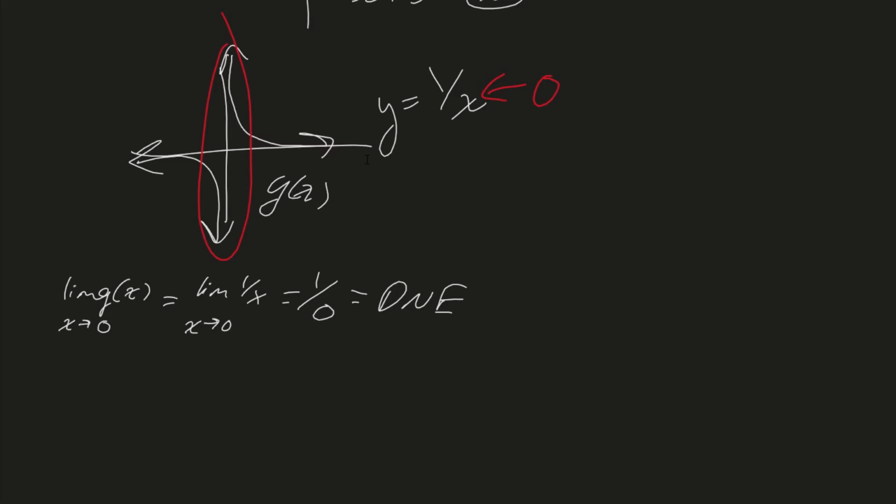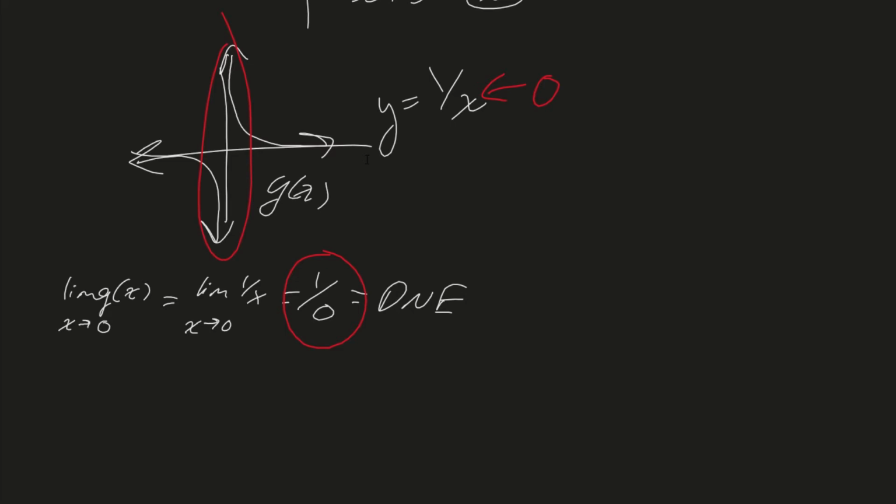Anytime we get division by 0, the limit does not exist. This is important. Any integer over 0 does not exist. Remember it. Very important. Because you're going to encounter other examples in which this happens. We can think of the same exact function, 5 over x. It's going to look a little bit different, a little stretchier, but it's going to have the same exact behavior at x equals 0, and it's going to result in 5 over 0, which is still DNE.